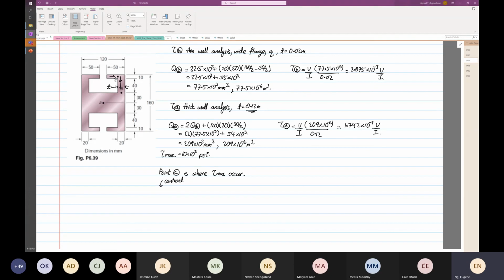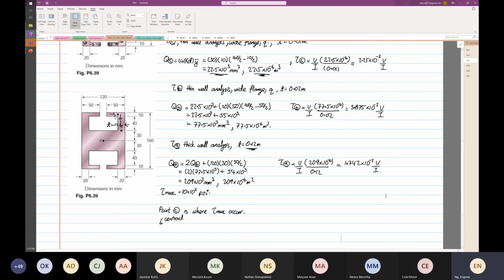If you look at the 3 values, you can make this conclusion that tau max will occur at where? Anyone? Tau max will occur at point B, right?